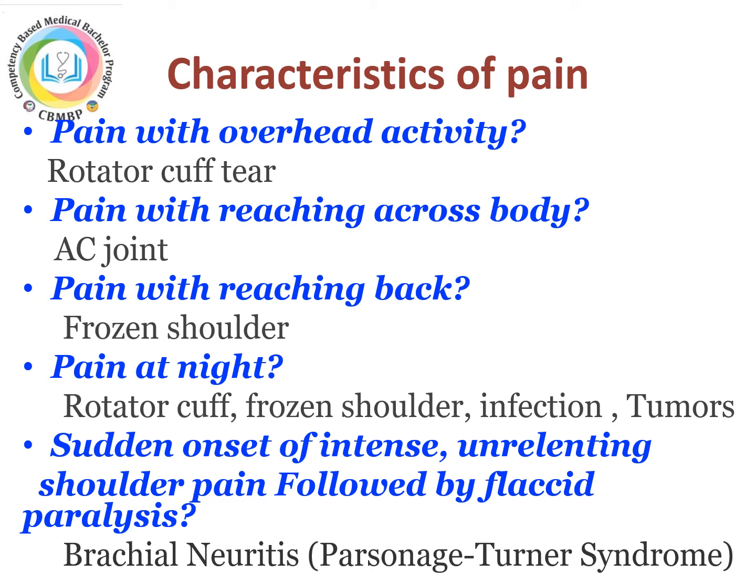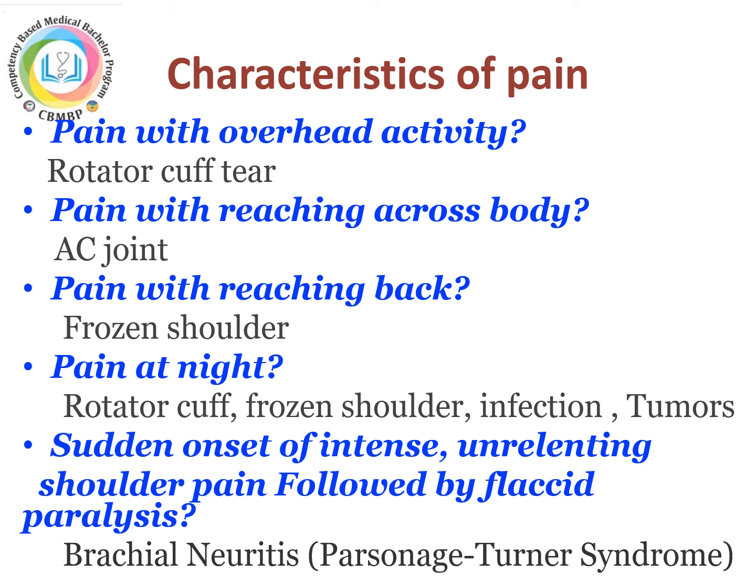Sudden onset of intense latent shoulder pain followed by flaccid paralysis means brachial neuritis or shoulder girdle neuritis, or Parsonage-Turner syndrome. This is a very important cause of shoulder pain.